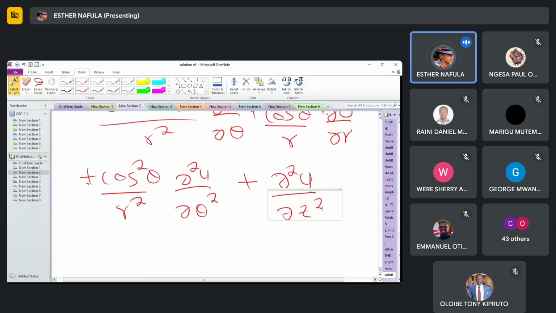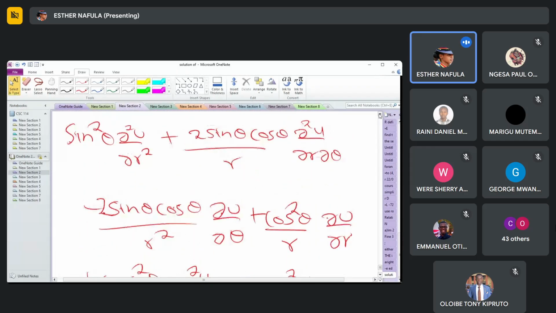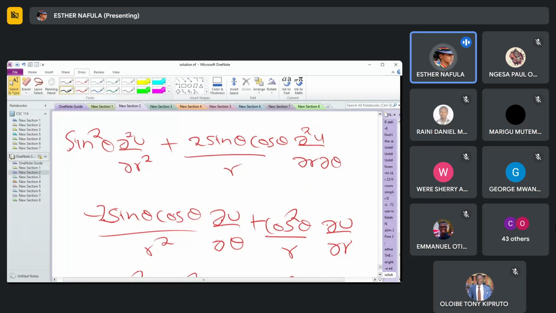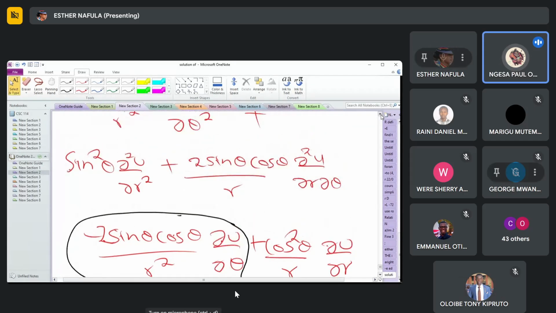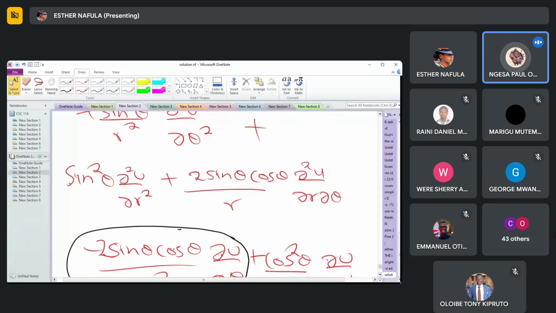Let me scroll up. Okay, we'll end up with cos squared theta partial squared u partial r squared.